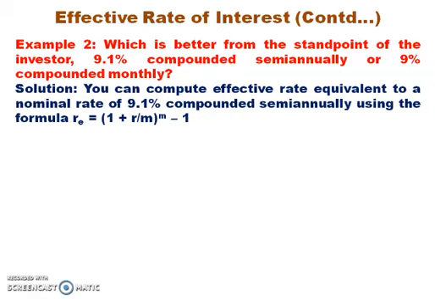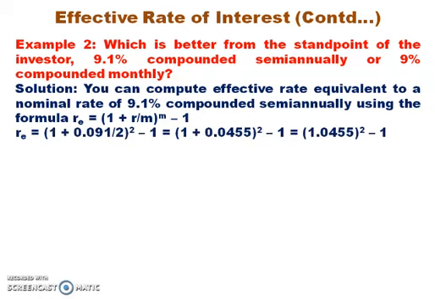So for the first investment option, you can compute effective rate equivalent to nominal rate of 9.1% compounded semi-annually using the formula RE is equal to (1 plus R upon m) raised to power m minus 1. When you put values here, you get RE is equal to (1 plus 0.091 divided by 2) raised to power 2 minus 1. When you solve it further, you get RE is equal to 9.30%.